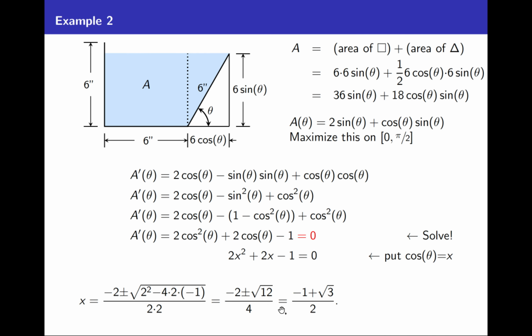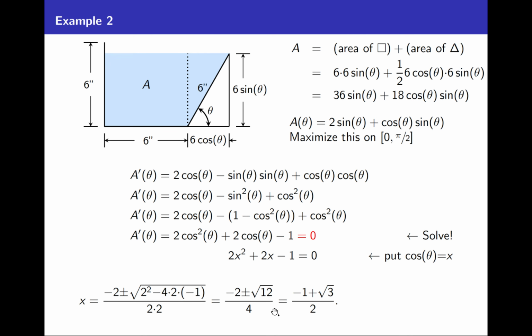And doing so, using the positive rather than the negative here, and factoring out a 4 from the square root of 12, so it's 4 times the square root of 3, and canceling on the bottom, this simplifies to x equals negative 1 plus square root of 3 over 2.